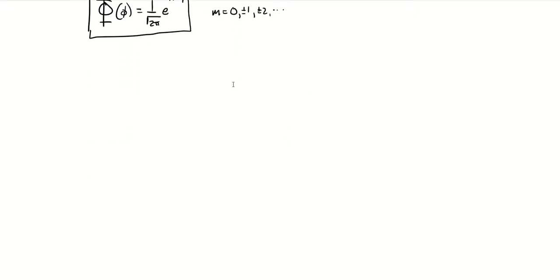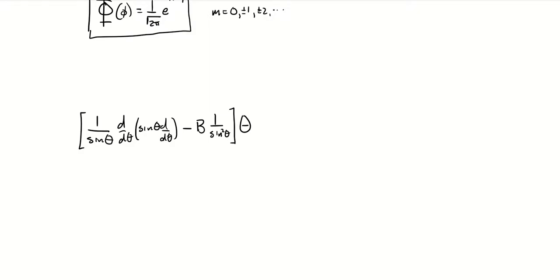If you go through the other videos or your textbook, basically what that boils down to is solving this differential equation: 1 over sine theta, the derivative with respect to theta of sine theta d theta, minus that separation of variables constant b times 1 over sine squared theta, all operating on our polar function, is equal to negative a times that polar function.